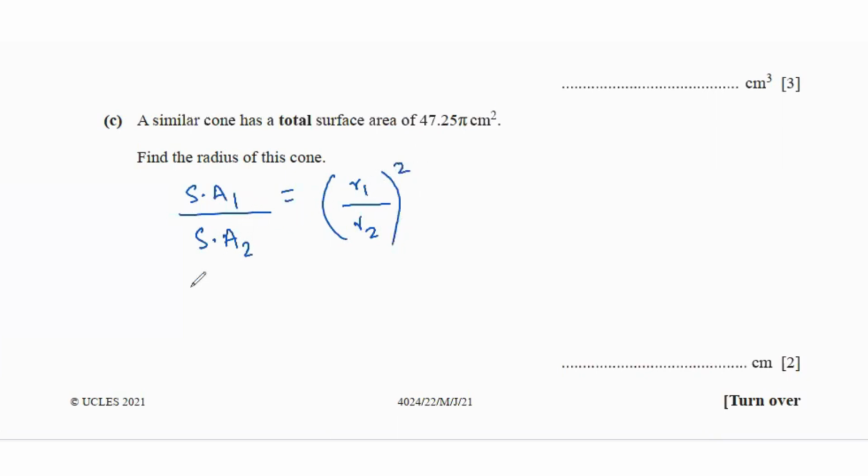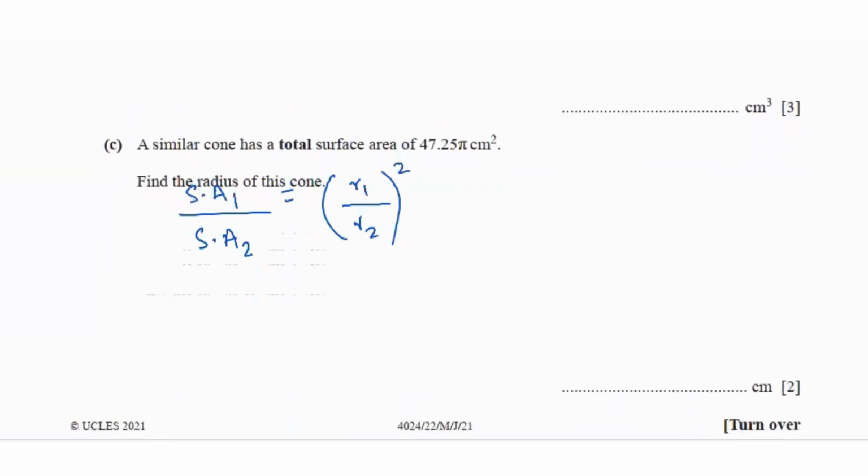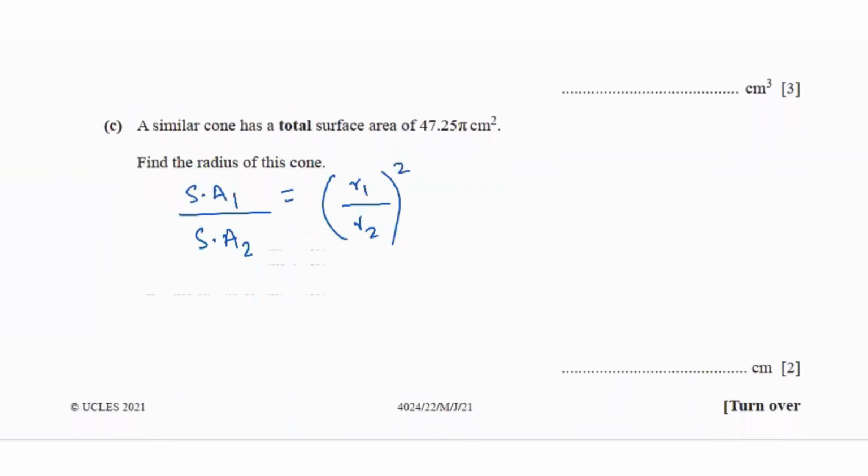So surface area 1 is 84 pi. So 84 pi divided by surface area 2, which is 47.25 pi, equals R1, which is 6, over R2, which is an unknown we have to find.